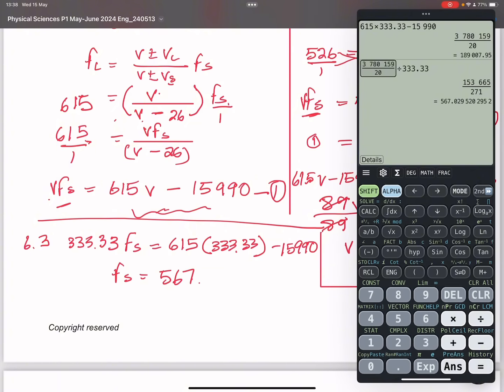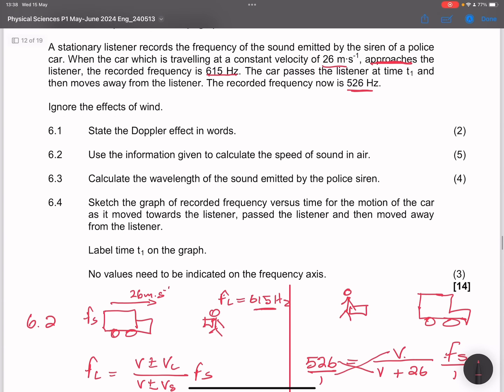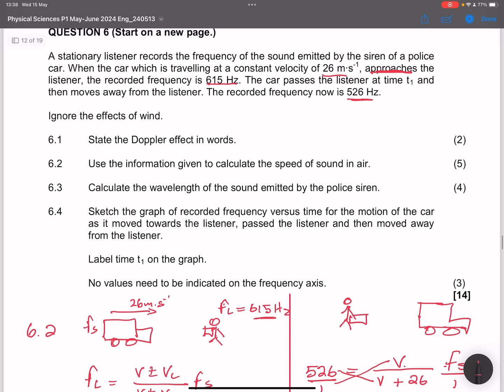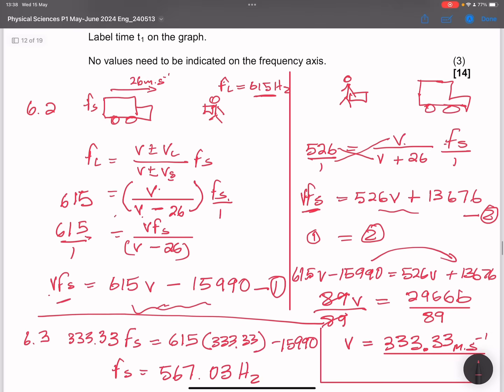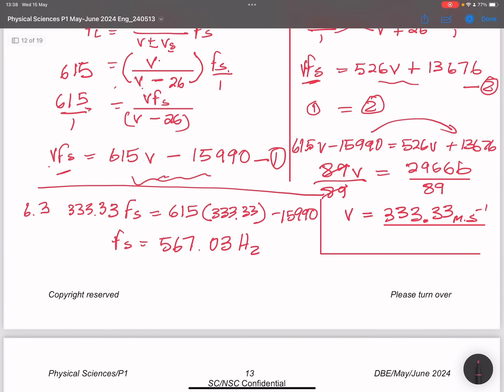So I'll say 567.03 hertz. Now, one thing that we need to check is that this value must actually be between the two frequencies that were given, 526 and 615, and it definitely is, right? And so now we were looking for the wavelength.